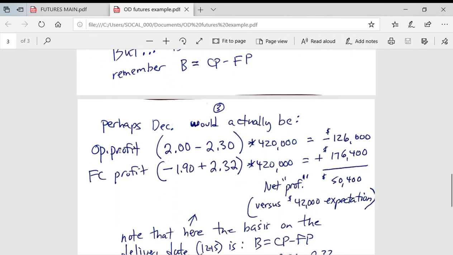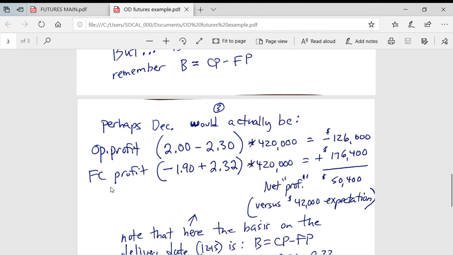Okay? So for example, perhaps the December 15th delivery would actually have profit data that looks like this. The operating profit might be the $2 selling price minus, let's say he had to pay $2.30 a gallon when he bought it, and he bought 420,000 gallons, so his operating profit would be minus $126,000, a $126,000 operating loss.